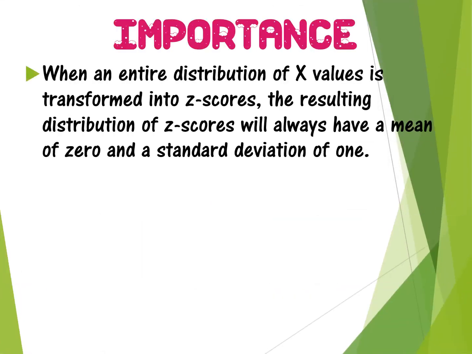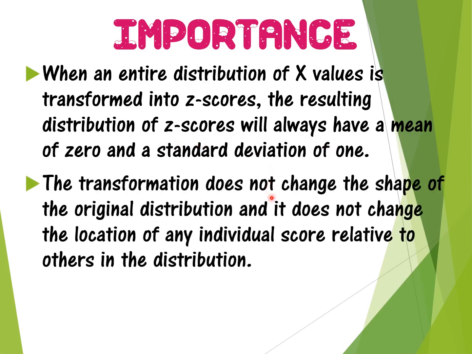Another importance of the z-score is that when you transform an X value into a z-score, the resulting distribution of z-scores will still have a mean of 0 and a standard deviation of 1. The transformation does not change the shape of the original distribution, and it does not change the location of any individual score relative to the others in the distribution.